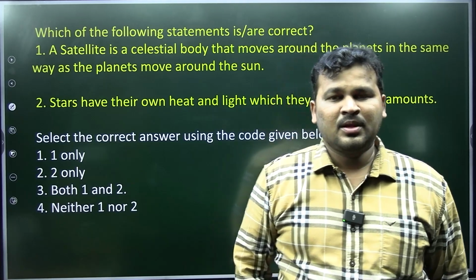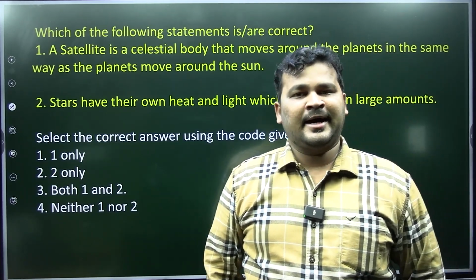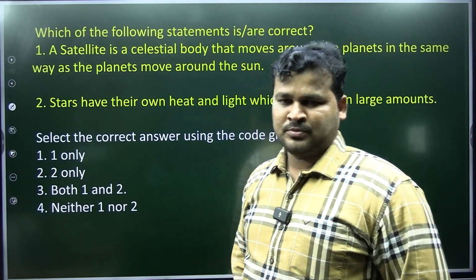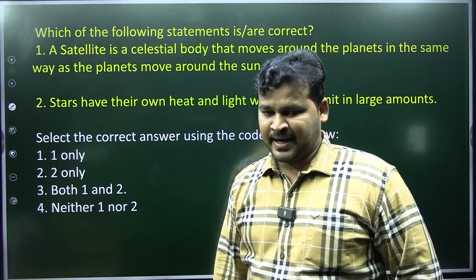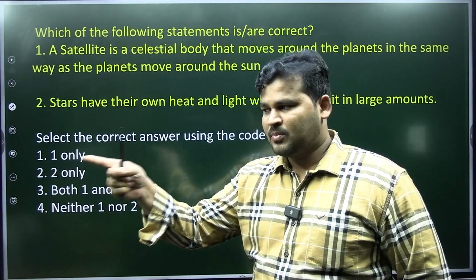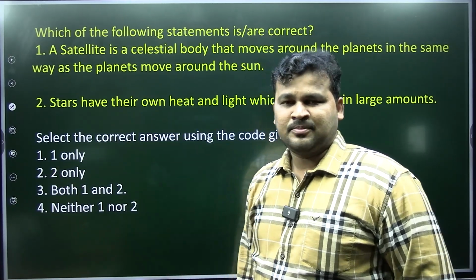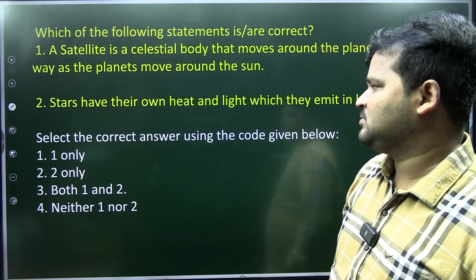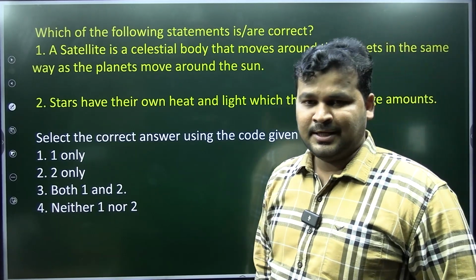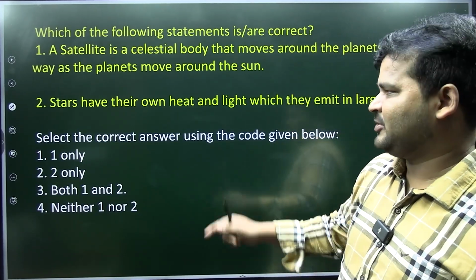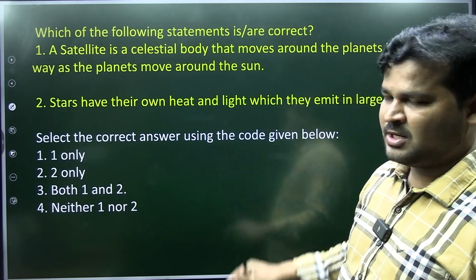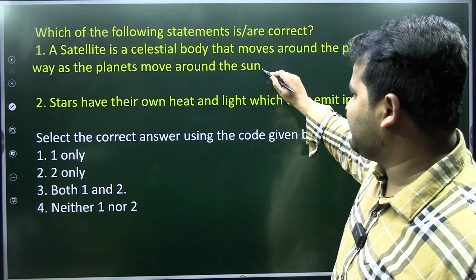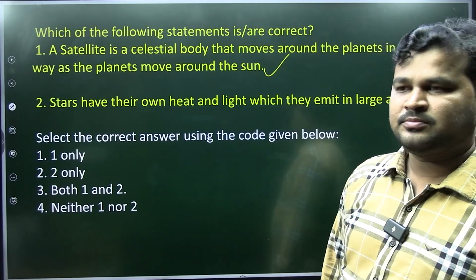For example, our Earth has one natural satellite, the moon. It follows an elliptical orbit around the Earth. I will show animations related to that in future slides. So this statement is true.